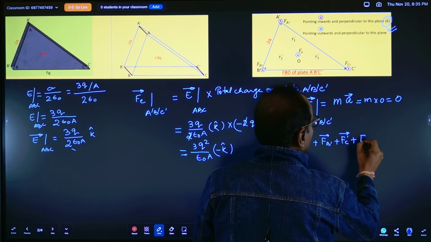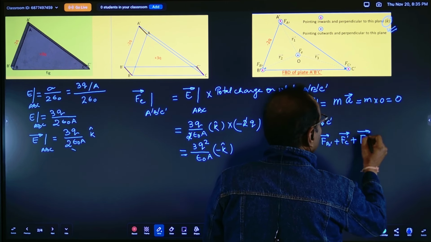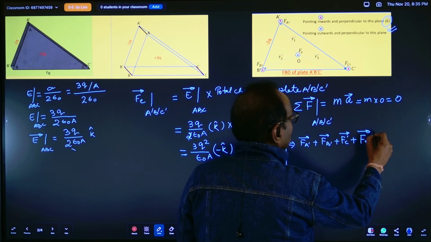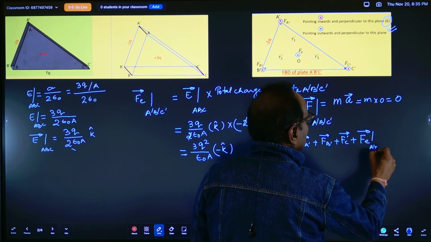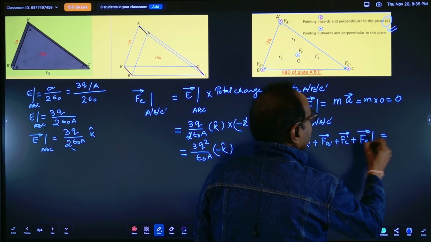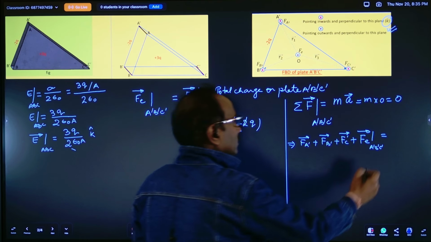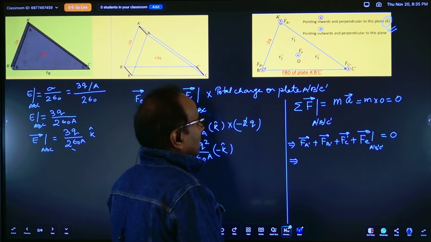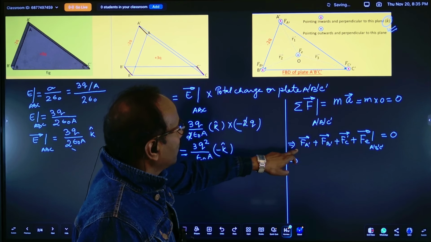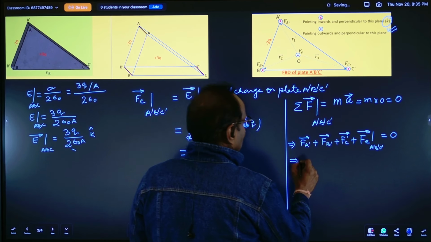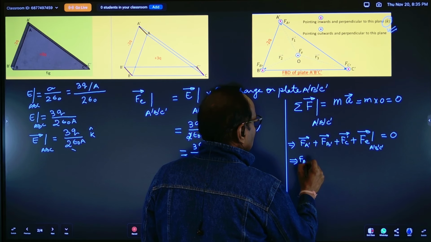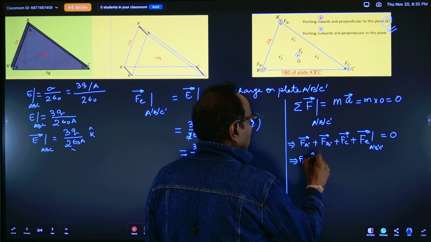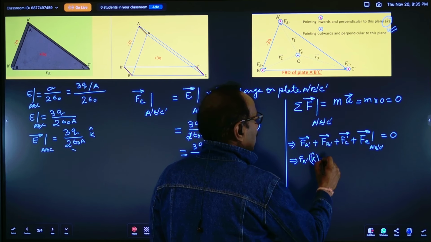And since we are writing in the form of vectors, we should write like this. This is electrostatic force, so this will be 0. Fa prime, the magnitude, if we define like this, so in the vector form we will have to write like this.